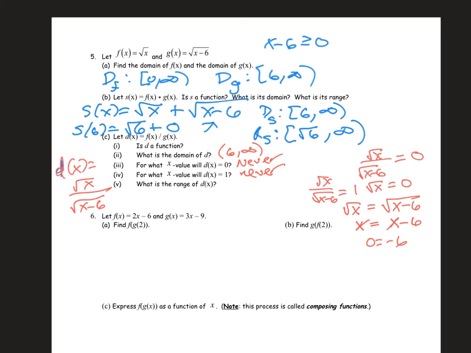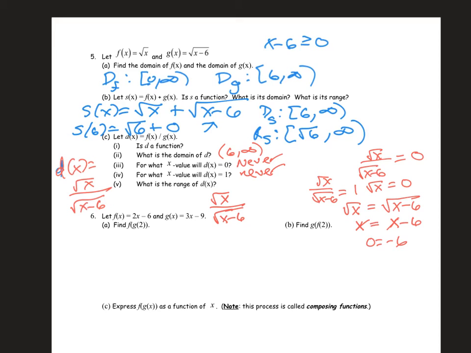Now the range is what is tricky here. Well, not that the other parts weren't tricky either, but the range. So we kind of have similar to what we had before. We have root x over root x minus 6, and we know it can't equal 1, and it can never be 0.